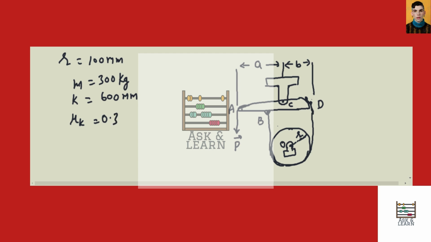Knowing that a force P having a magnitude of 50 Newton is applied at A when the angular velocity of the flywheel is 180 rpm in the counterclockwise direction, determine the time required to stop the flywheel.